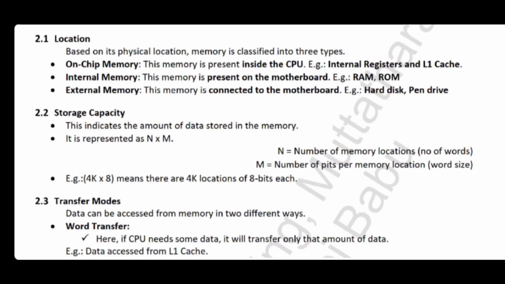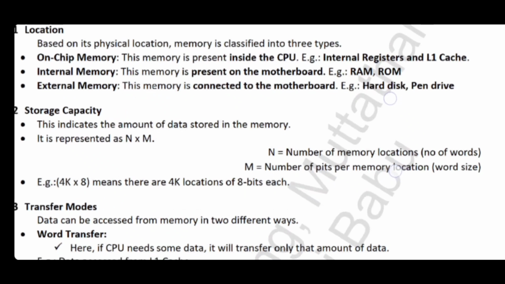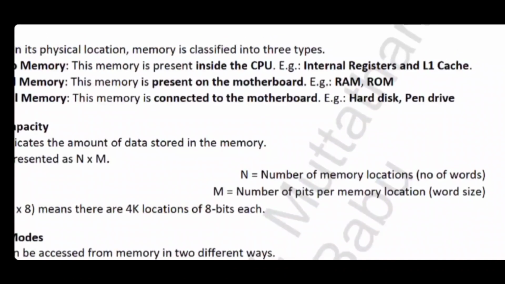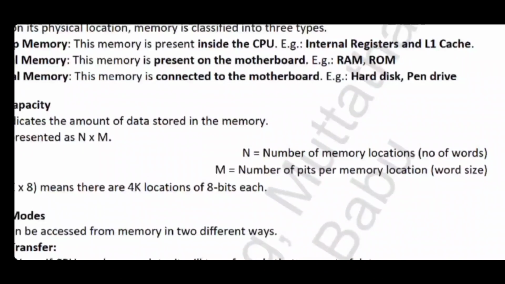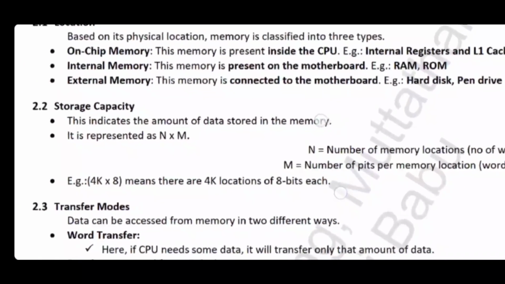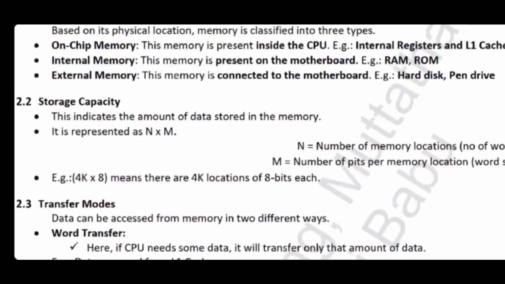So what is N and what is M? N is the number of memory locations, that is the number of words. Capital M is the number of bits per memory location.